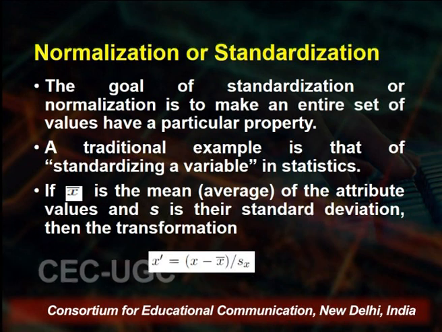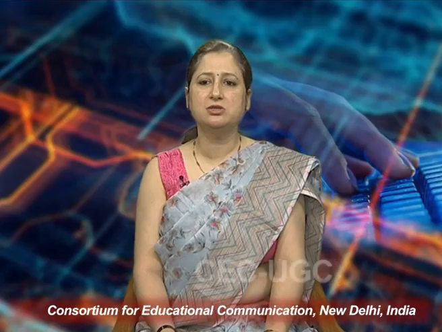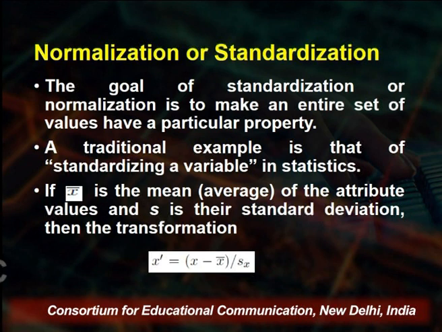For example, in statistics we commonly use standardizing a variable. Now, if we have a value which is the mean value of the attribute, and S is the standard deviation, then the transformation equation can be found using this.